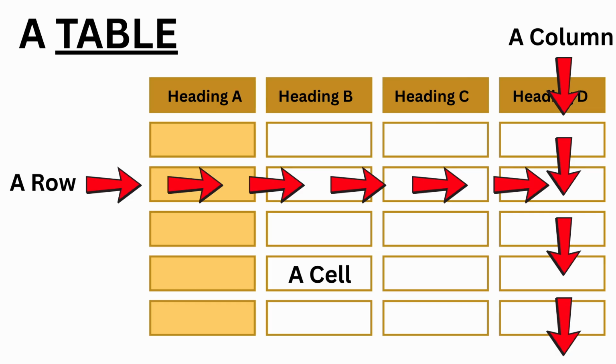And then we also learned about the table headings, that's the TH tag, on how to add headings to our table. And then we talked about merging our cells using the colspan attribute and the rowspan attribute. And then we finally added a background color to our table.